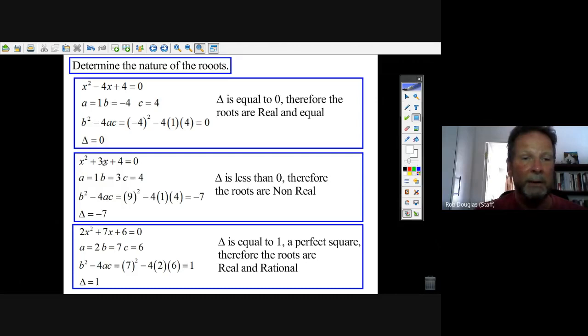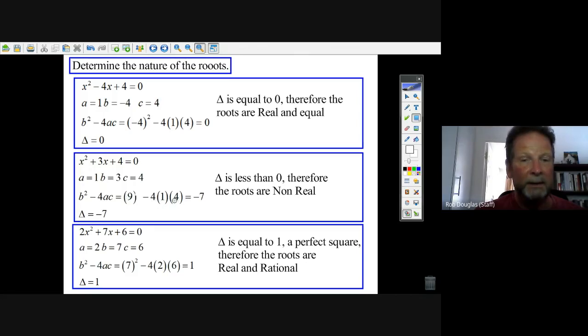Let's look at this one, x squared plus 3x plus 4. Well, a is 1, b is 3, c is 4. There's your b squared, 3 squared, which is 9, minus 4 times 1 times 4.